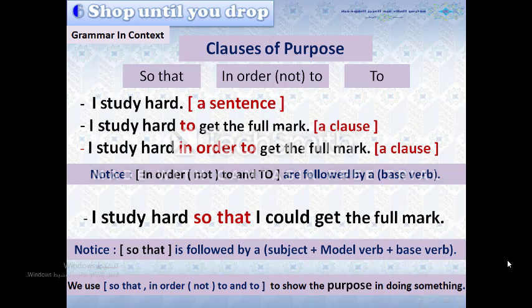When I ask, why do you study hard? The purpose is to get the full mark. Notice that so that is followed by a subject and modal verb and base verb. To sum up, we use clauses of purpose so that, in order to, in order not to, and to show the purpose in doing something.